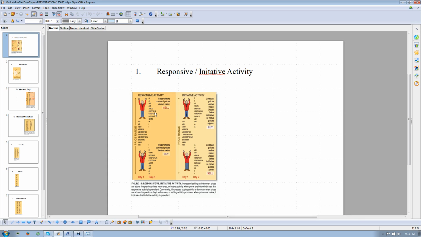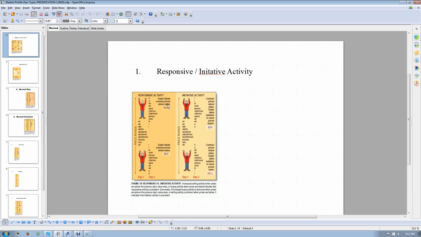So you need to take note of the A period, the opening of this current day in relationship to the prior days. And you can see it's called responsive activity because you open up higher, here's your A, and the market moves down, okay? It responds to the higher open and the higher prices, and it doesn't like them, so it moves back down to get in the range of the prior day.